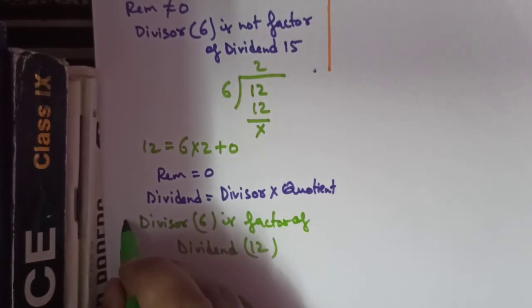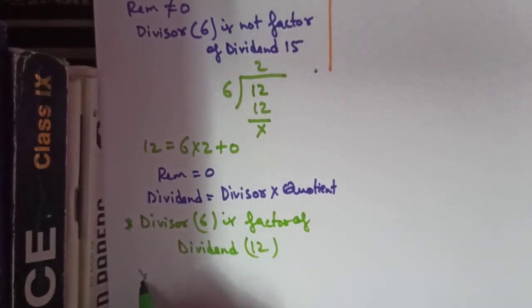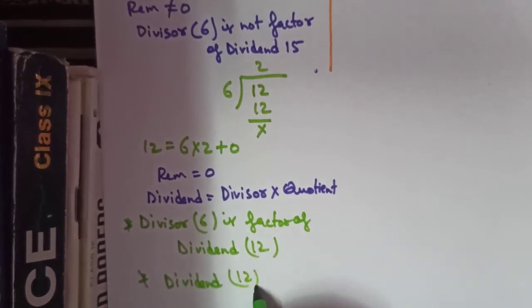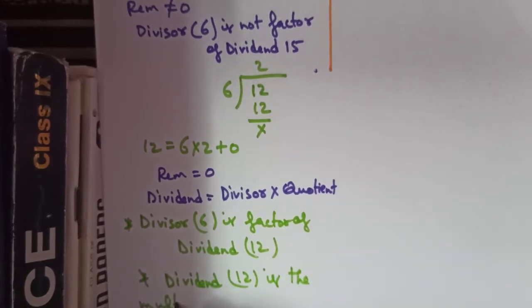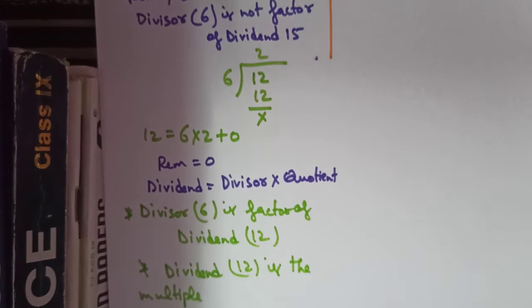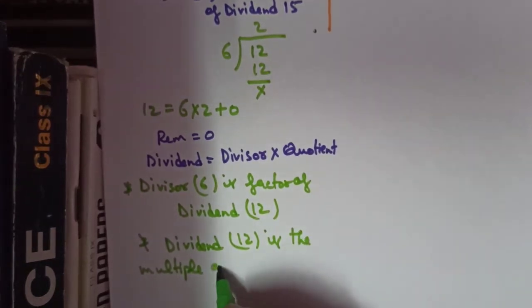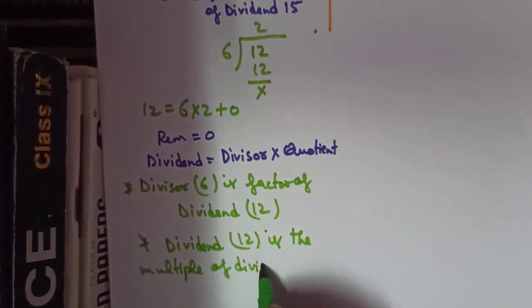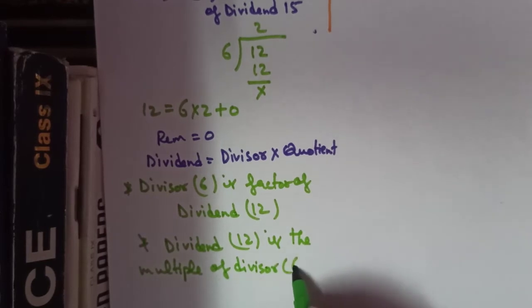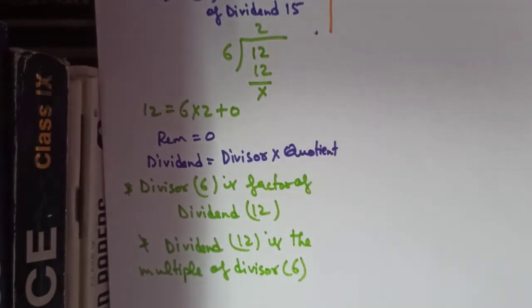And the second point we can say is that the dividend 12 is a multiple of the divisor, that is 6. I hope it is clear.